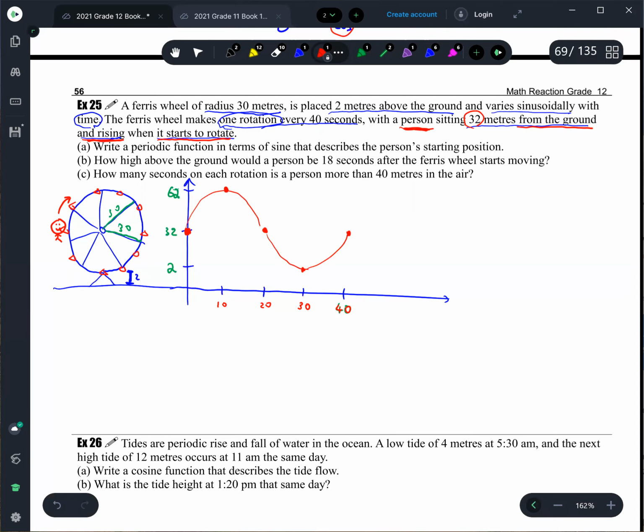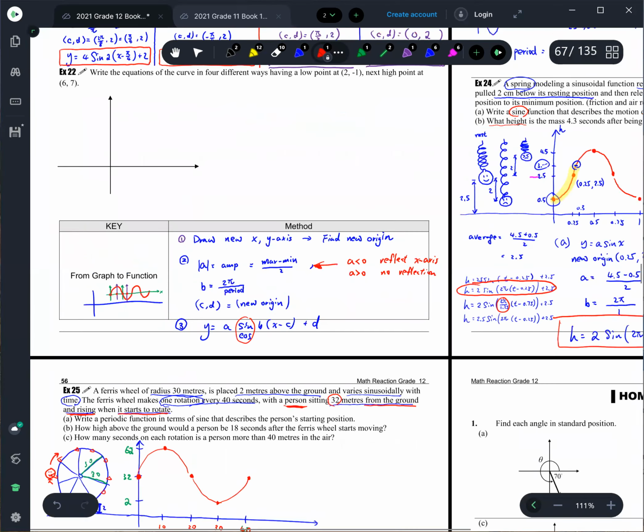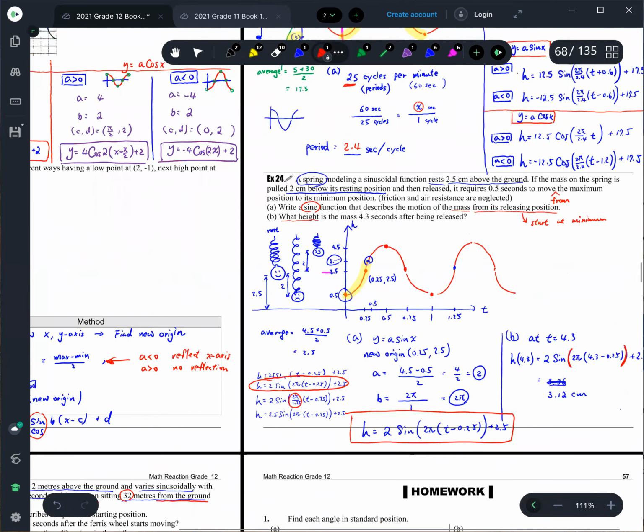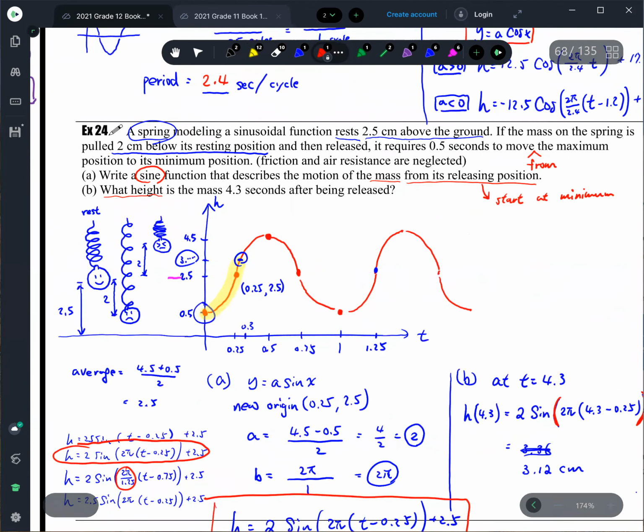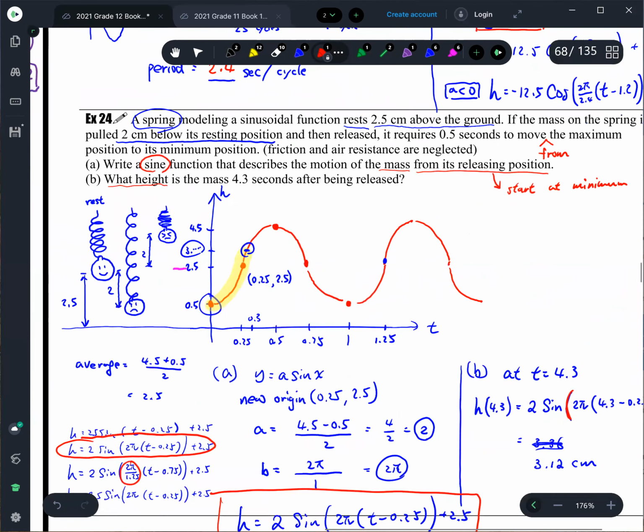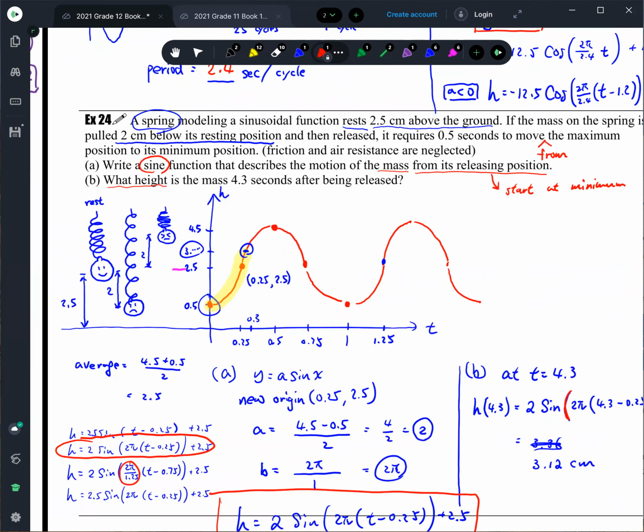Could you explain one of the questions we did previously then? Yeah, of course. For example, 24. For this one, I started with the lowest point at 0.5, because in the question, it tells you to write a sine function that describes the motion of the mass from the releasing position.